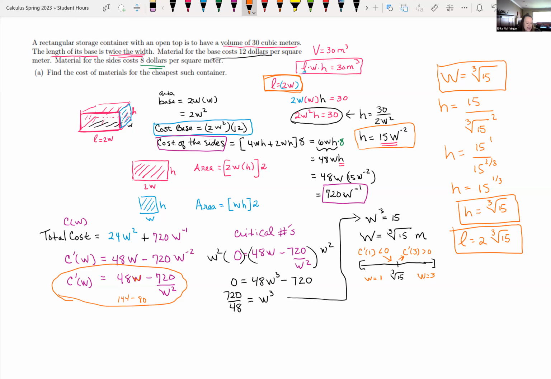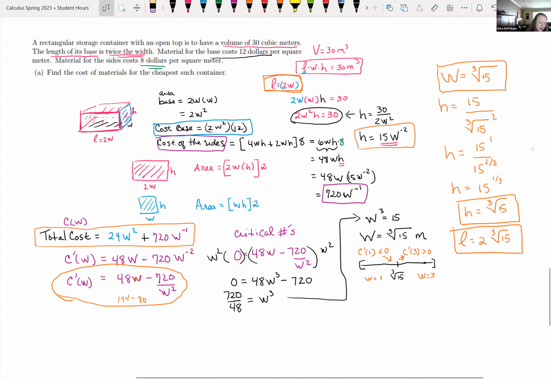And so we're going to have to go back into our cost function and plug that in. Technically you would kind of want to know what the dimensions of your other sides are.